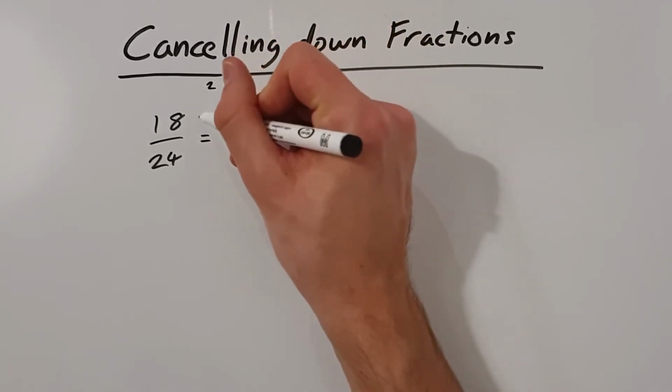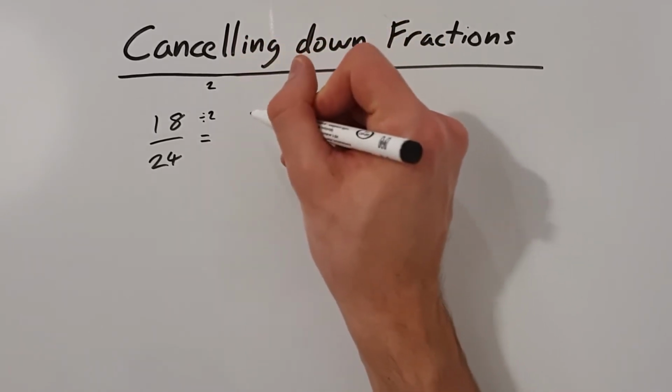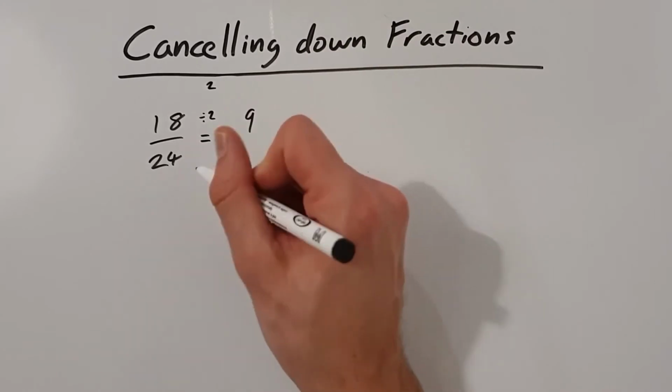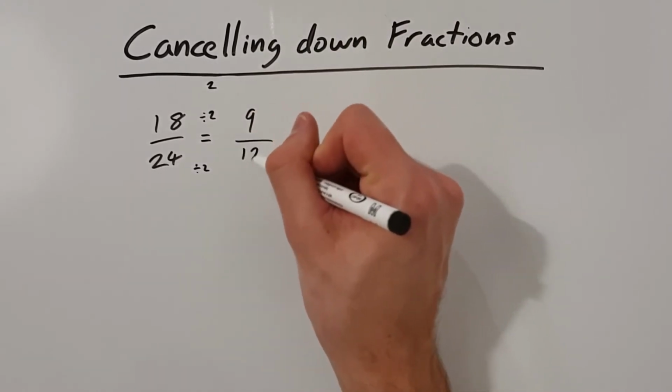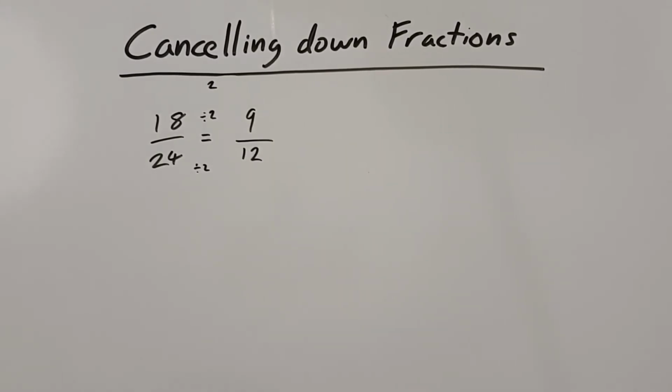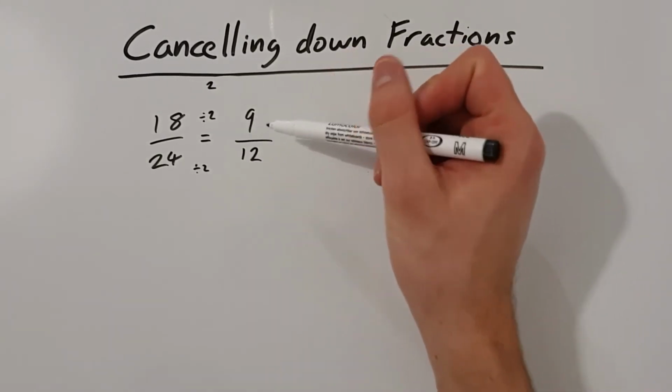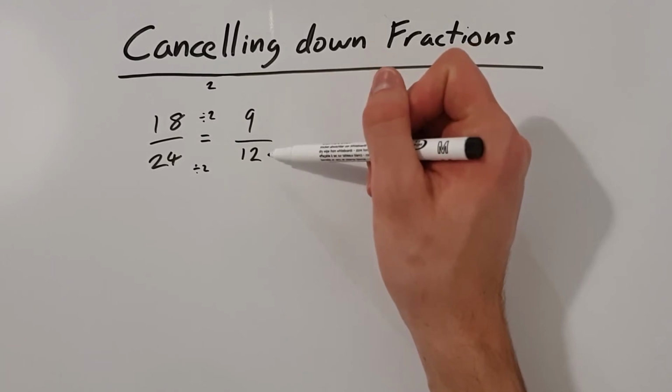So we divide the top by 2, so 18 divided by 2 is 9, and we divide 24 by 2, basically halving it, gives us 12. So that is 18/24 cancelled down is 9/12.